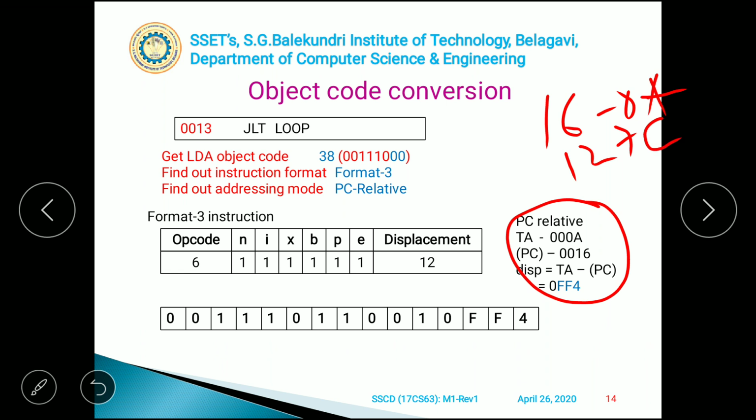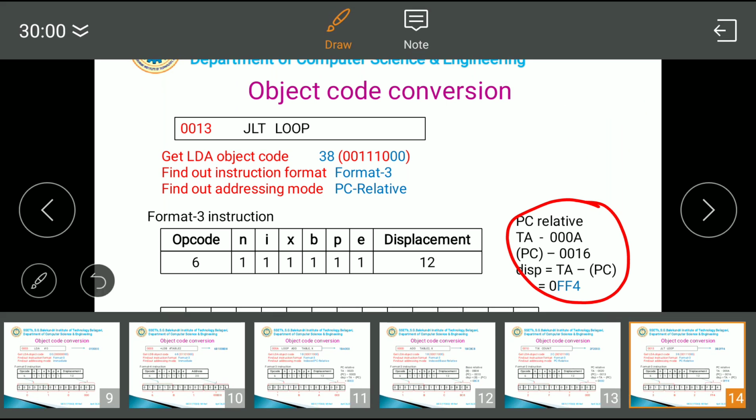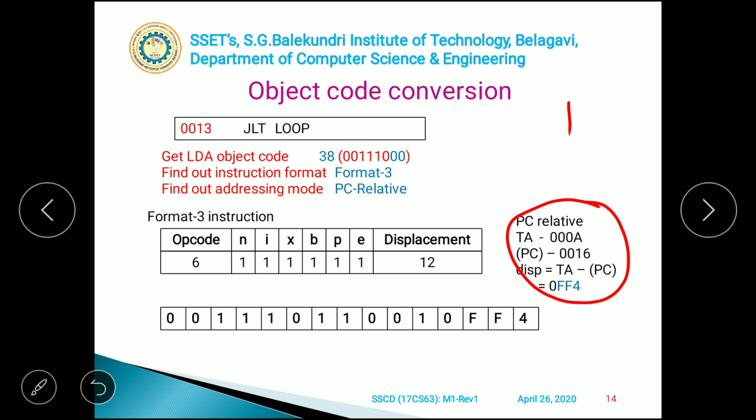You write the C with 12 bits. 12 is 1100, right?